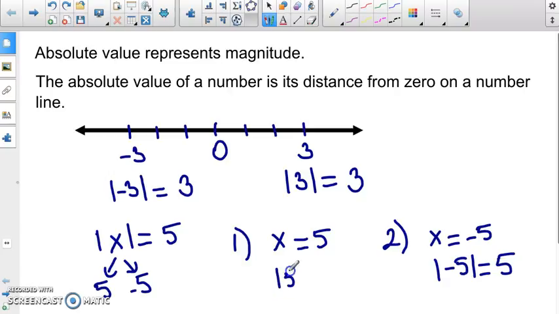And also the absolute value of positive 5 is equal to 5, because 5 is 5 units away from 0. So as you can see, I'm going to have two solutions, and when we write these solutions, we're going to use brackets. So I have two solutions.